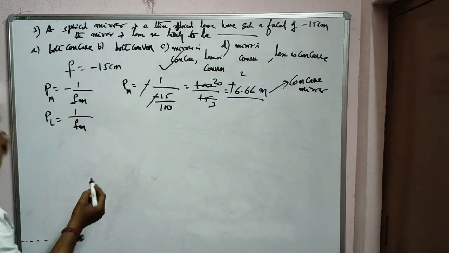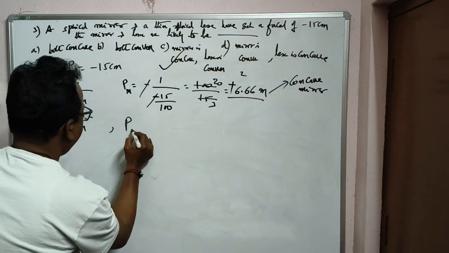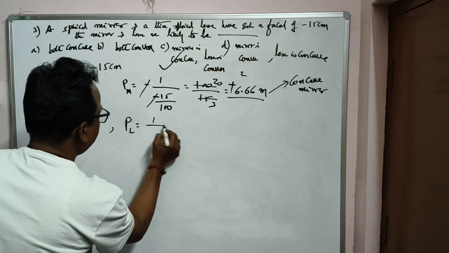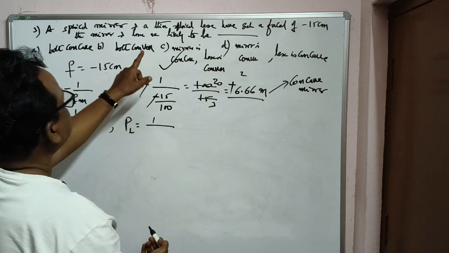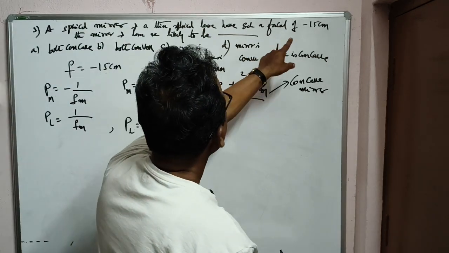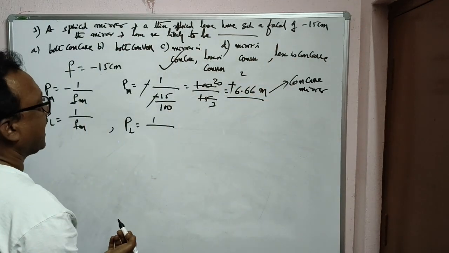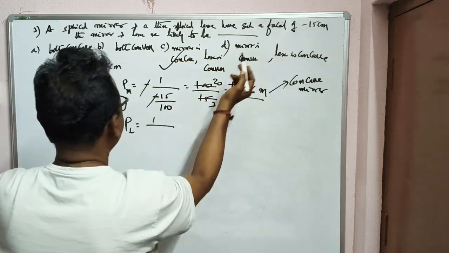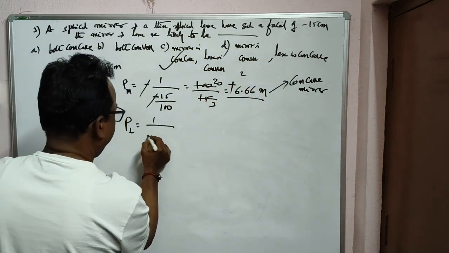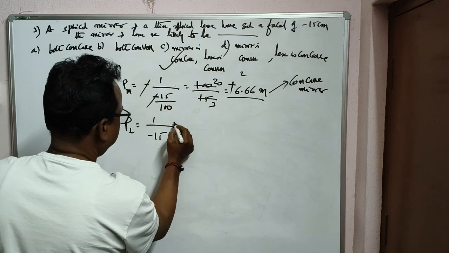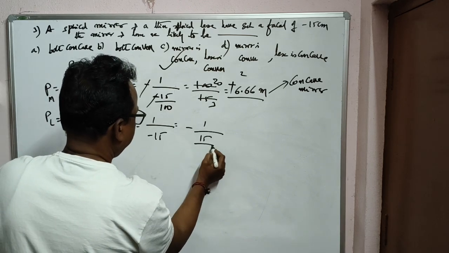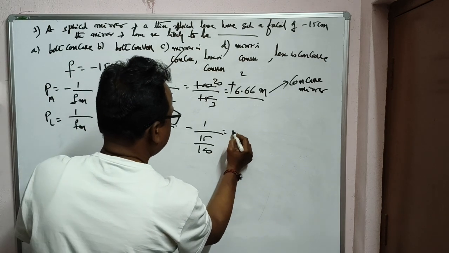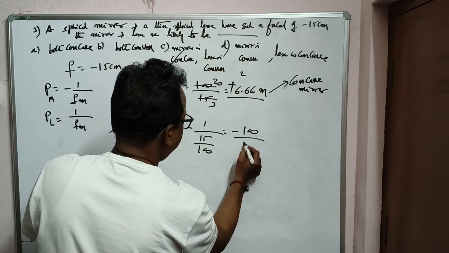Next, check for lens. Power of the lens formula is 1 by F in meters. He has given minus 15 again, so write the value first of all. Minus 15 means minus 1 by 15 by 100, convert it, that means minus 100 by 15.